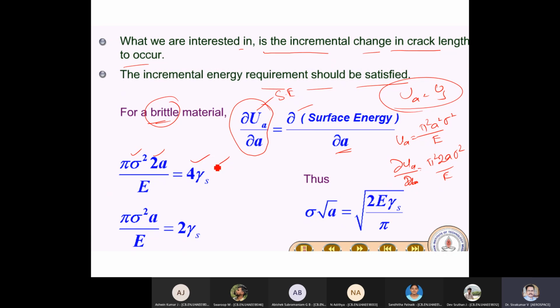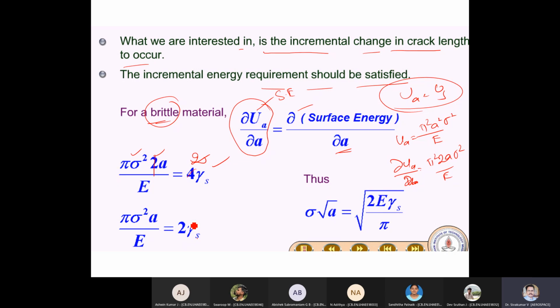This is equal to that for brittle material. So once you cancel the 2, π σ² A by E is equal to 2γ_S.